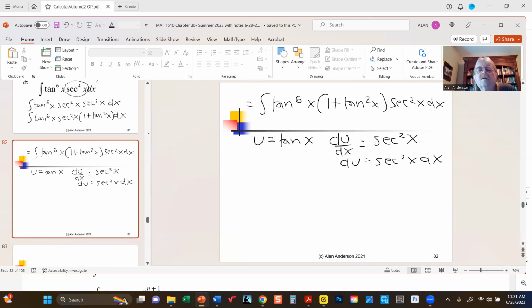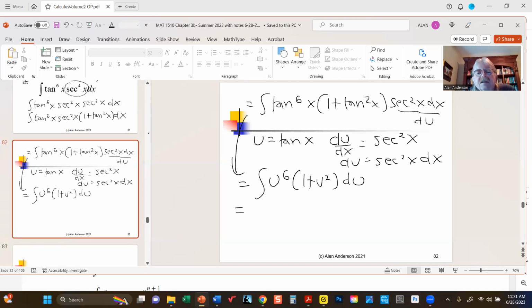Okay, so look what we can do now. This is now u to the sixth times 1 plus u squared. And all of this now becomes du. So we multiply this out. And then we can split it up into two terms.